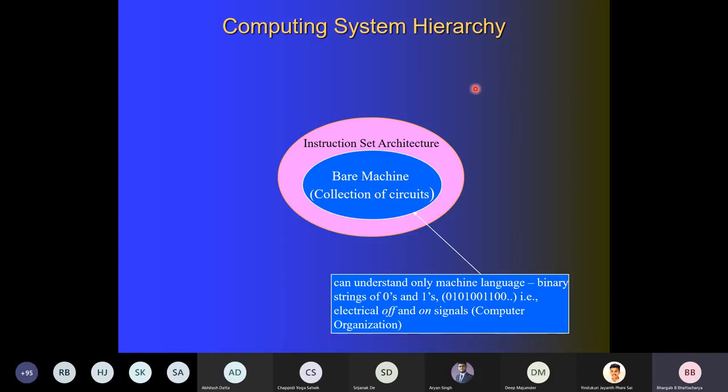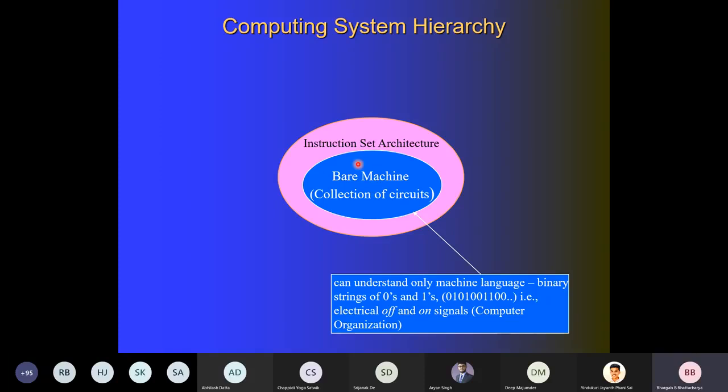And I maintain a table: if I say add, it means this string; if I say move, it means some other string. The collection of that is called assembly language, or the instruction set architecture. By instruction set architecture, we mean the set of strings, and each string has some meaning, intended to perform a certain basic operation on the machine.